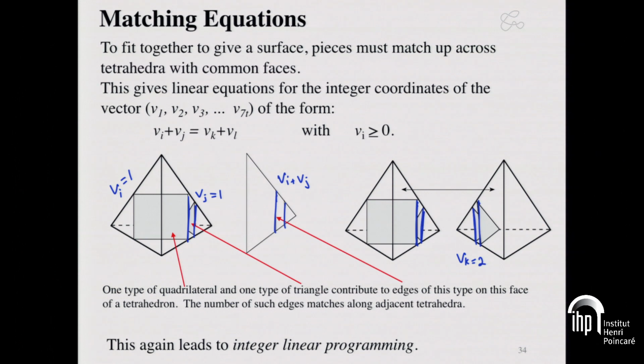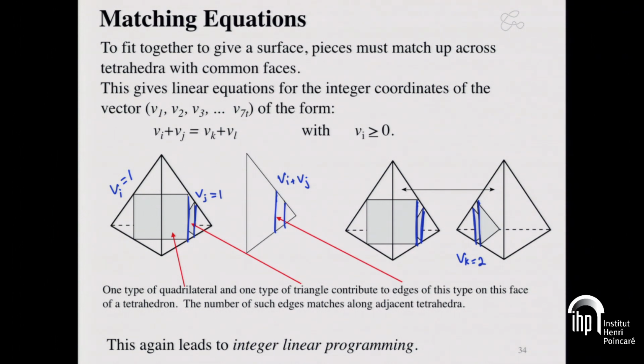We have a tetrahedron on the left, which has 1 quadrilateral and 1 triangle, both of which have parallel edges on that face. So we see 2 types of disk, 1 quadrilateral and 1 triangle, give rise to this type of edge on the triangle.